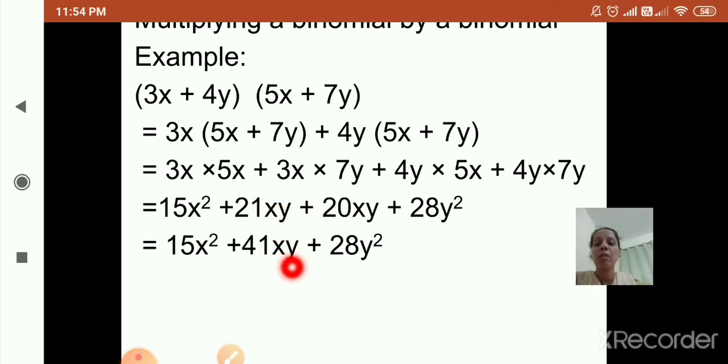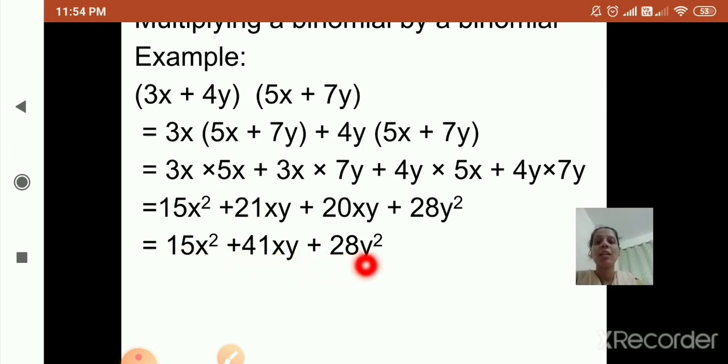While adding algebraic expressions, we add only coefficients, and variables we write as it is, right? Now the last term, plus 28y square, we write as it is. So the answer is 15x square plus 41xy plus 28y square.